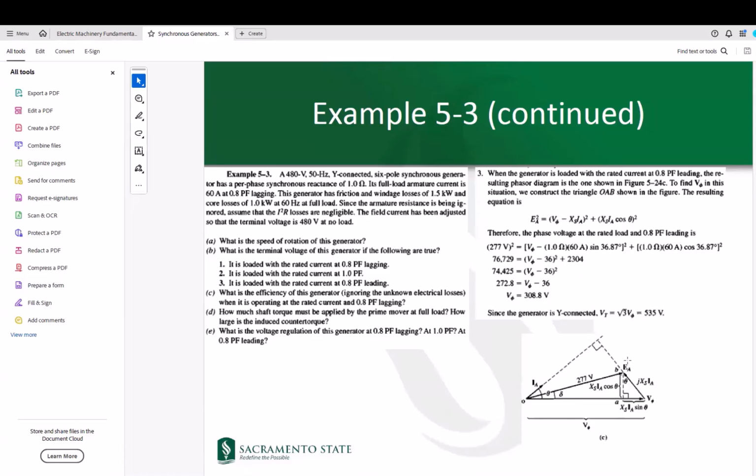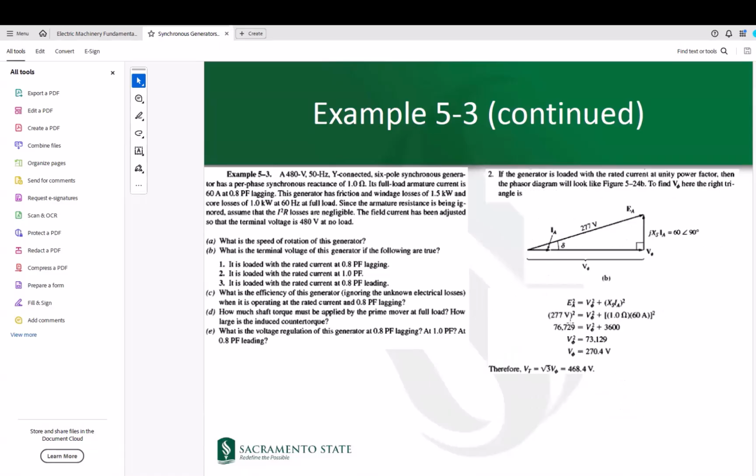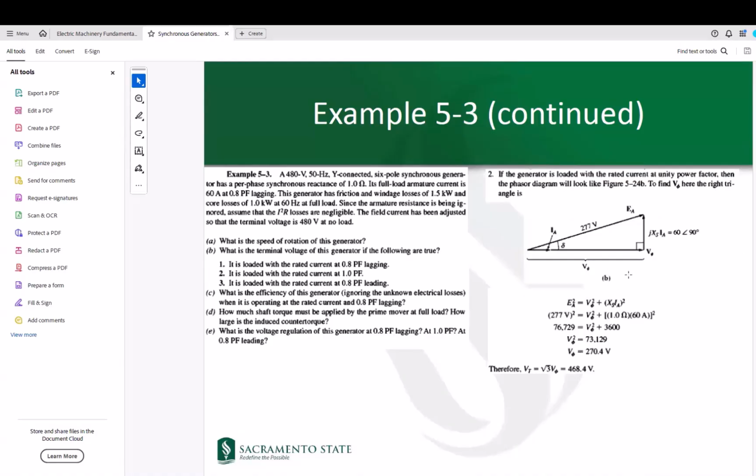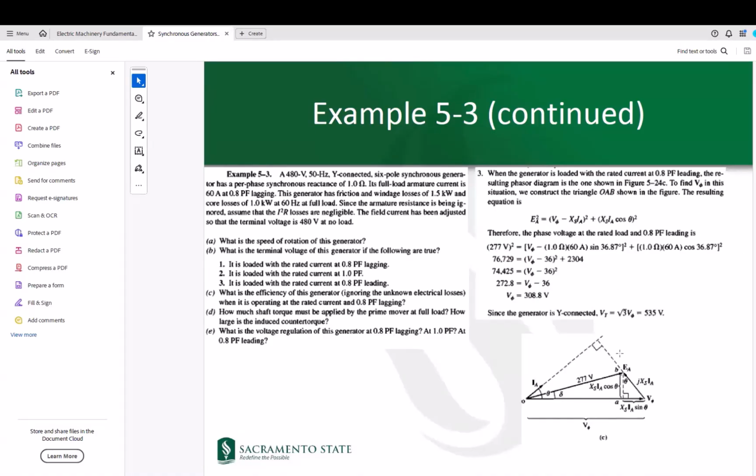Part three, when you have leading power factor, the terminal voltage would increase to 535. And this is what we expect. As you have a leading power factor, usually it means that the terminal voltage should be going higher. So compare that, starting from the lagging 410 to unity 468 to leading 535. It's going to increase the terminal voltage.